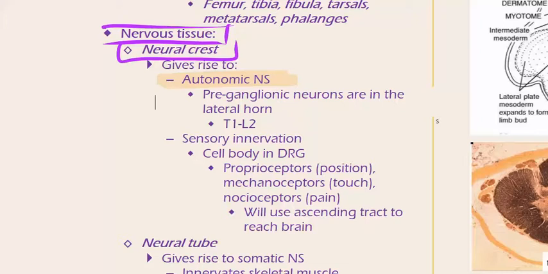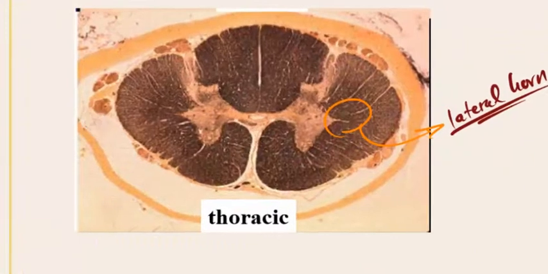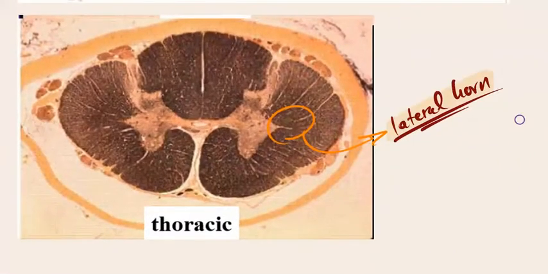The preganglionic neurons are in the lateral horn, which is right here. So we have dorsal horn, ventral horn, and lateral horn.